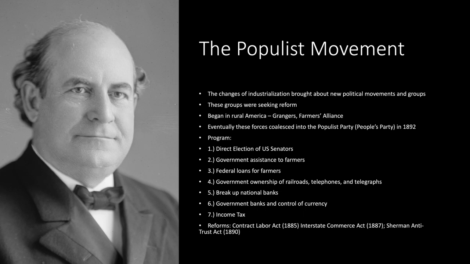He ran again in 1900, losing again. He then ran in 1908 and once again lost. He will later go on to become Secretary of State under Woodrow Wilson, but will resign because he did not support Wilson's decision to go to war and enter the United States in World War I. But William Jennings Bryan will be responsible for taking these ideas and making them part of the Democratic Party platform.